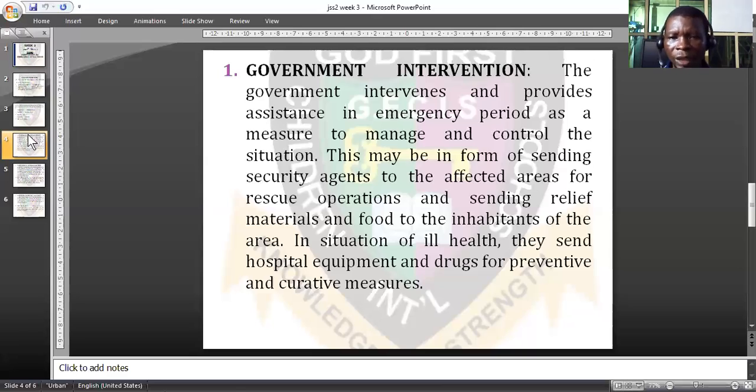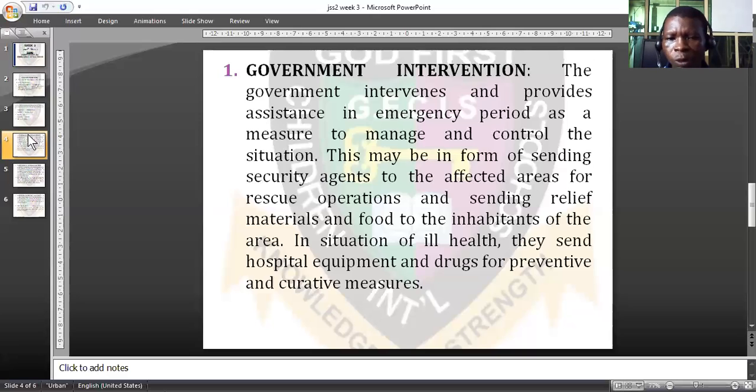So the government can send the security agents to the affected areas for rescue operations, and they can also send relief materials and food to the inhabitants of the area, which will serve as a palliative in situation of ill health, or this kind of a coronavirus pandemic.